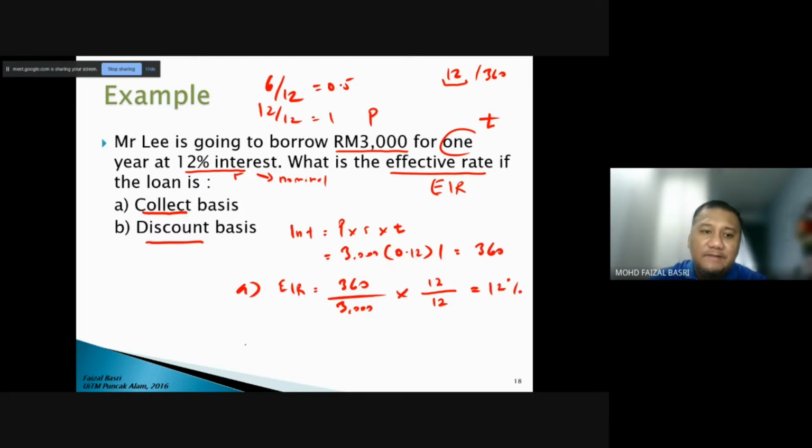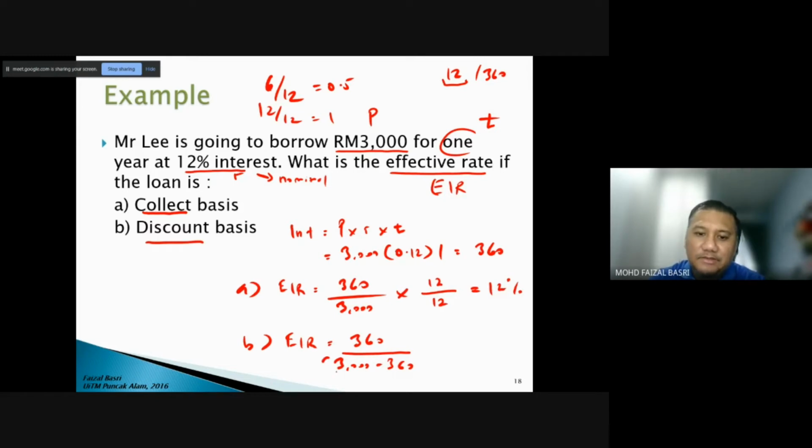But what if it's based on discount basis? The second option here. It's the same terms and conditions except it is based on discount. So what happened? Your interest will be the same, 360. But your proceeds, you cannot use 3,000 ringgit because you have to pay 360 upfront.